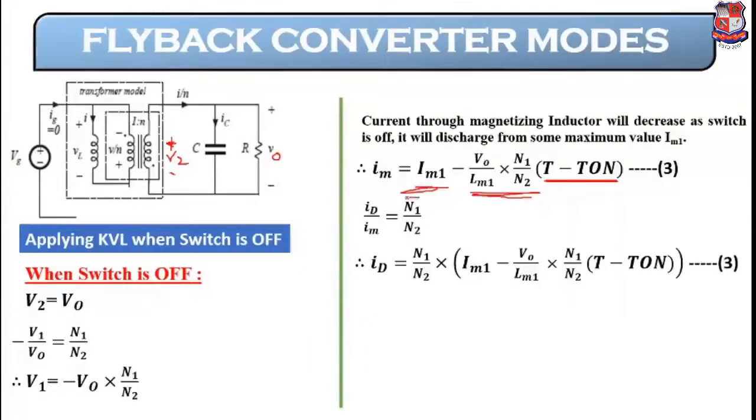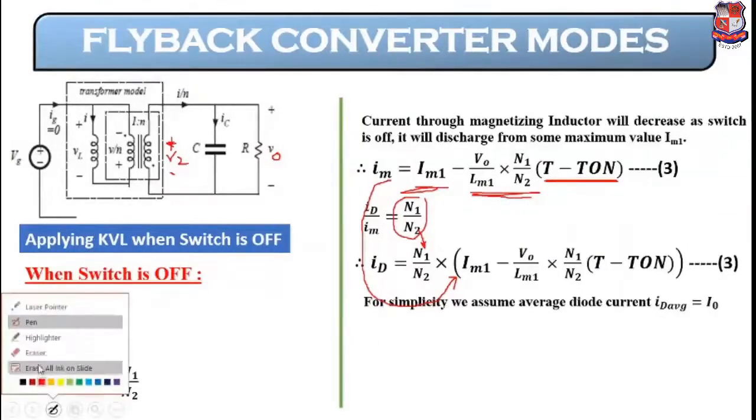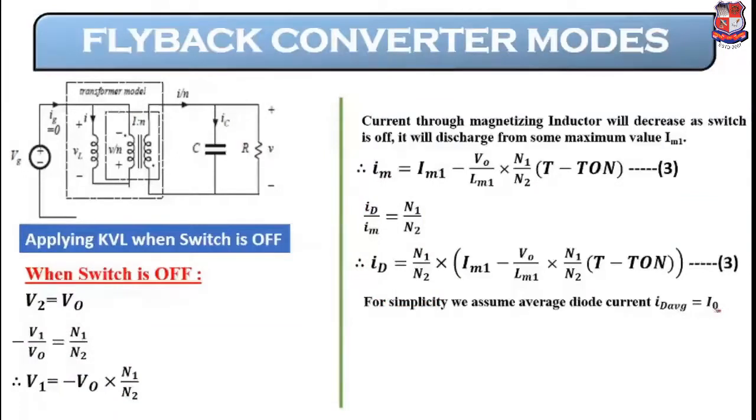So this N1 by N2 is written here, and we have found the value of Im. That whole Im value you can keep over here. By this approach you are able to find the value of diode current. But we can assume, for simplicity, that diode current is simply some steady state current I0.